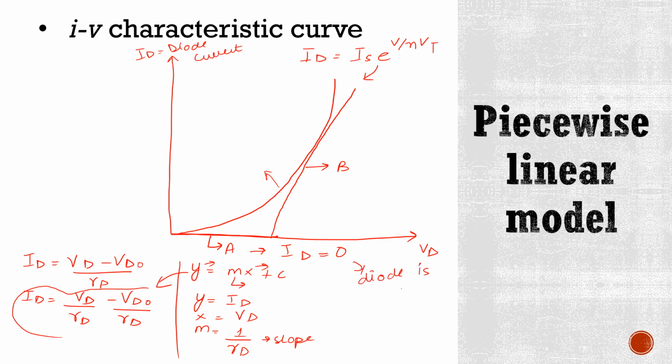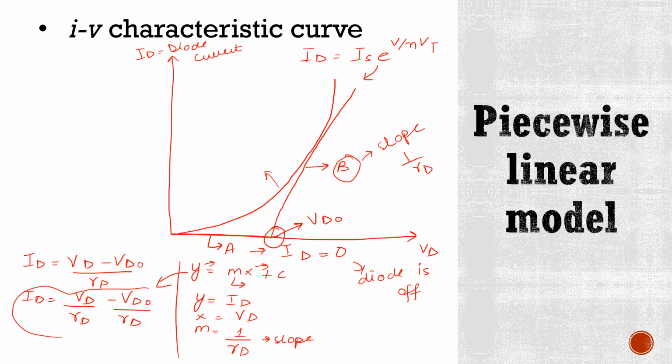Now if we look at line B, its slope is 1 upon Rd and the direction of this slope is upward from left to right because its value is positive. Now here this point is Vd naught, which is the intercept of line B on the voltage axis or x-axis.